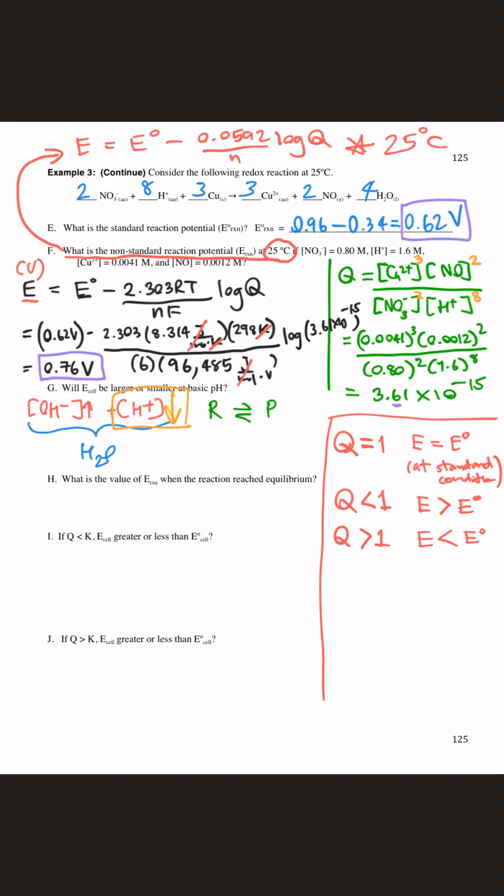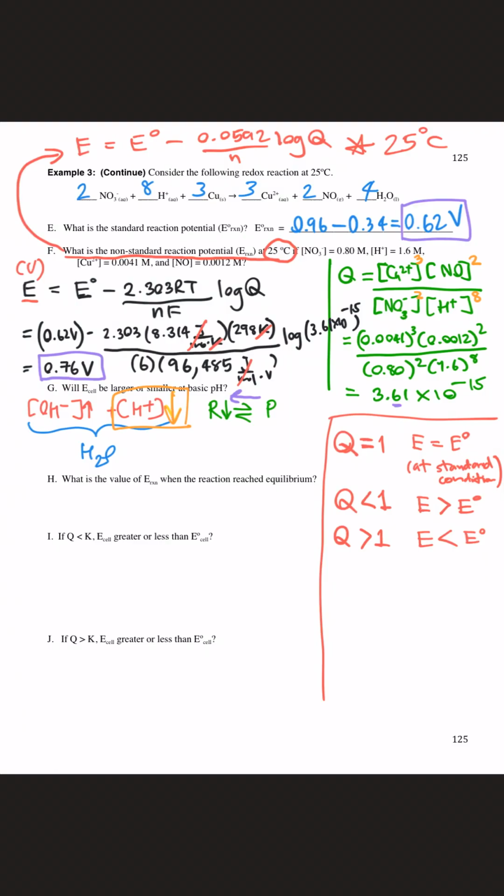As you decrease the amount of reactant, you are going to disturb the equilibrium. Therefore, the equilibrium would shift toward the reactant to make more of the reactant in order to reach equilibrium again. Therefore, because the reaction shifts toward the reactant, we can say that this reaction becomes slightly less spontaneous in the forward direction, or slightly more non-spontaneous in the reverse direction.